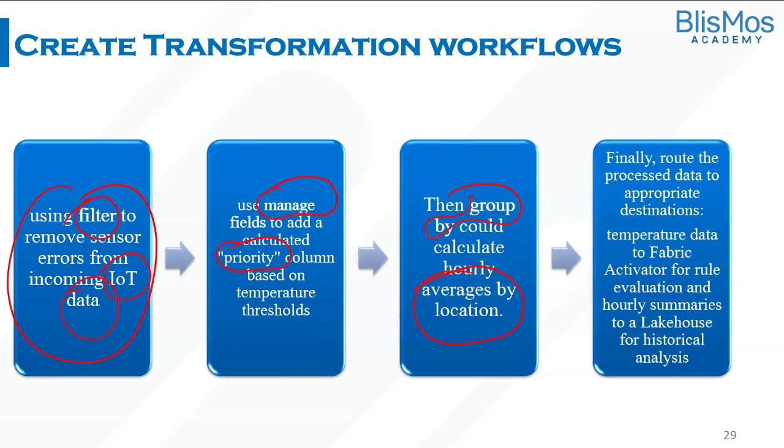And in the end, whatever the average data is, just send that to different destinations, for example, the activator. I think I took this example the other day. Let us say the average of a particular equipment in a particular location is more than the threshold, then we should switch it off. That can be sent to the activator. This is how you can use the transformation and build the workflows.